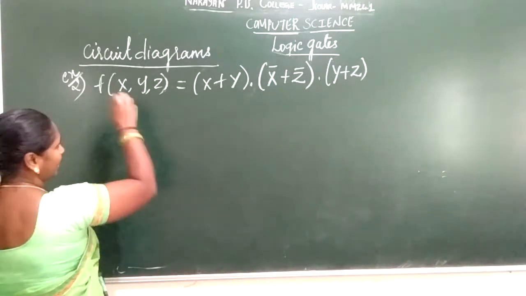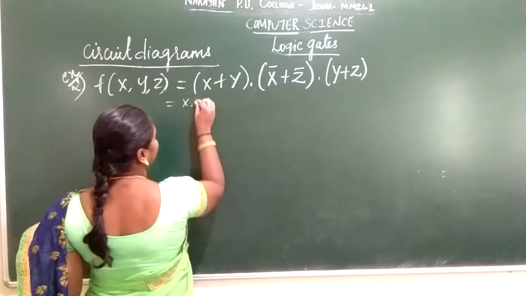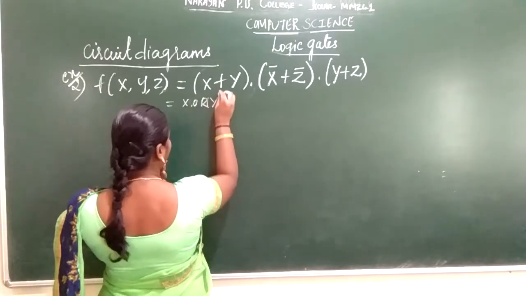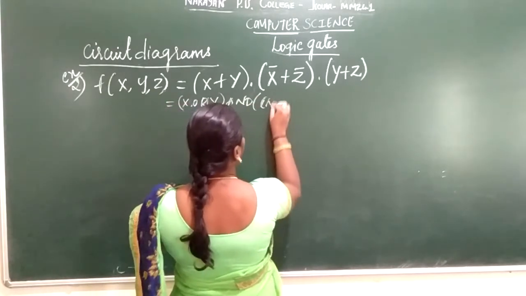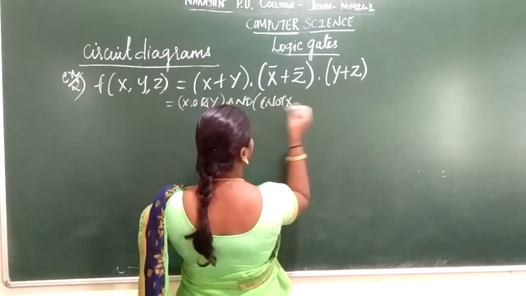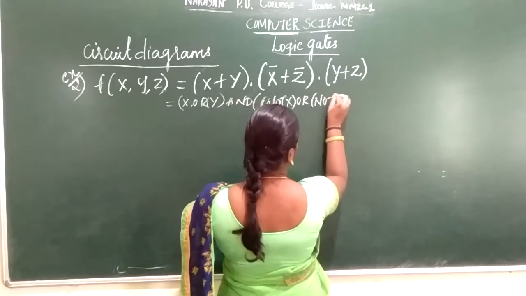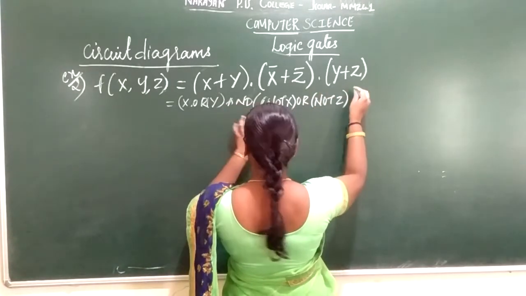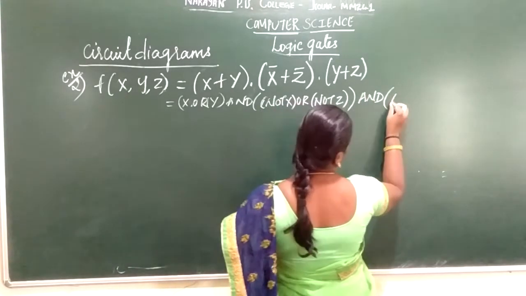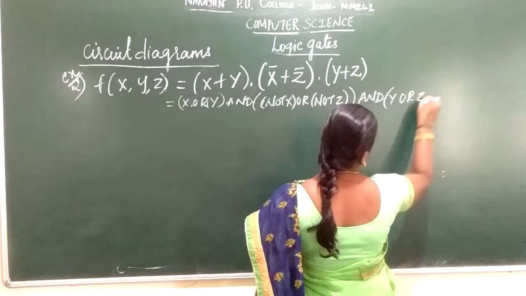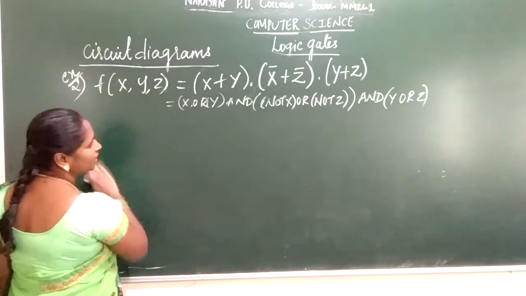You can write it in another way of expression, that is x or y, and not of x or not of z, and y or z. You can write it in this way of expression. So you can directly build a circuit diagram.